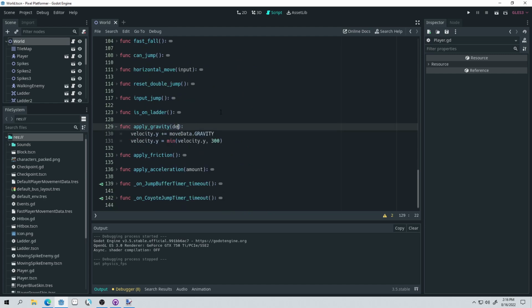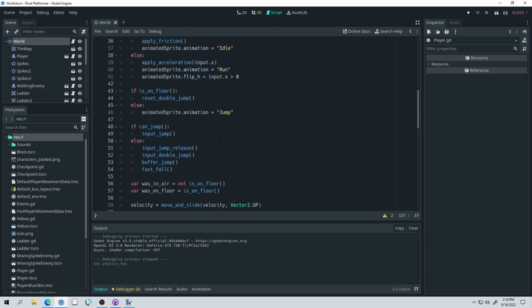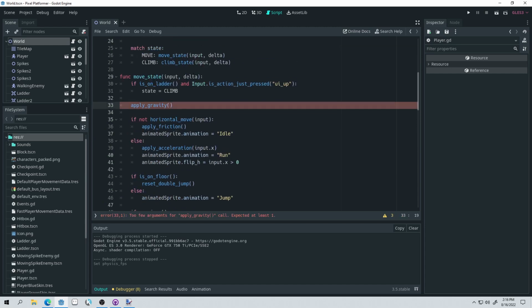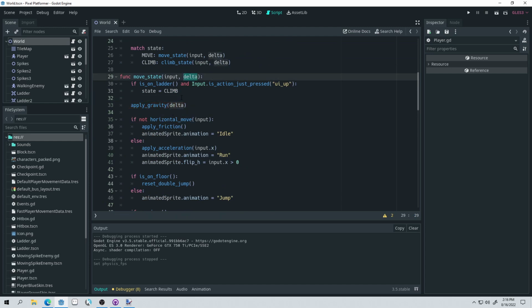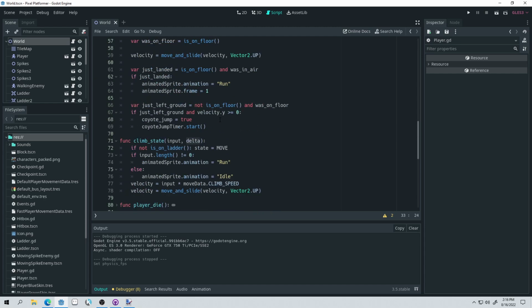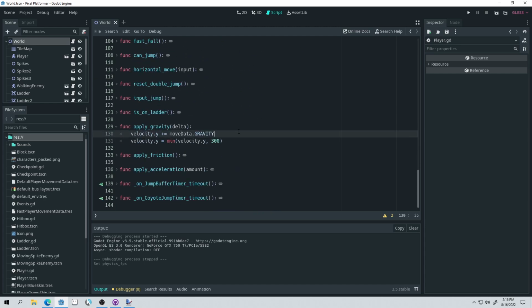We'll pass in delta, delta. And then up here, when we're actually applying gravity, we have access to delta now, so we can pass in delta. Okay. So we pass it into the move state, which passes it into the apply gravity function, which then down here we can now use it, and we can say times delta. So we need to multiply our gravity value by delta because we're actually changing our velocity by that amount every single frame. It's the change in velocity over time.